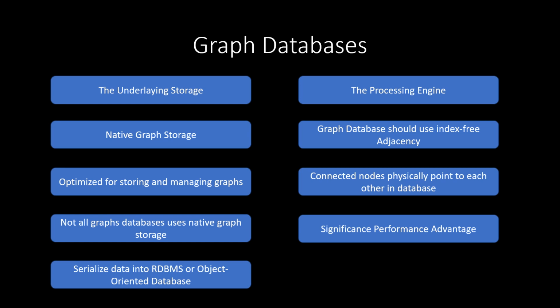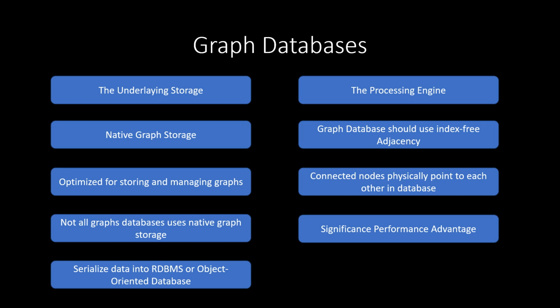First is the underlying storage the graph database is using. There are some databases that use native graph storage and others which do not. Some graph databases serialize the data in the form of objects or relational database tables, and thus they do not represent the data as it is actually visualized in the graph format. On the other hand, native storage database systems store the data in graph format physically on the disk.